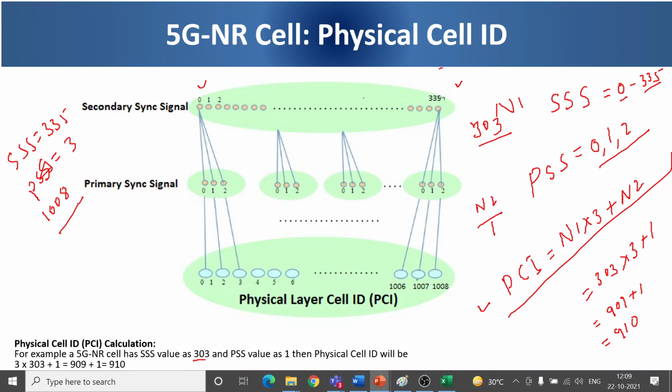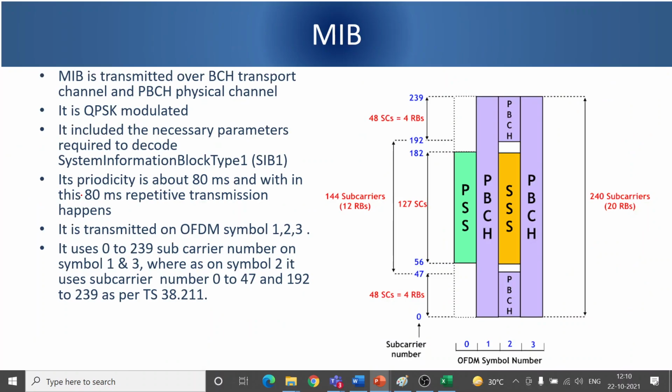So the maximum possible physical cell ID number is 1008, from 0 to 1008. So this way your system calculates the physical cell ID on which it will actually latch, right?